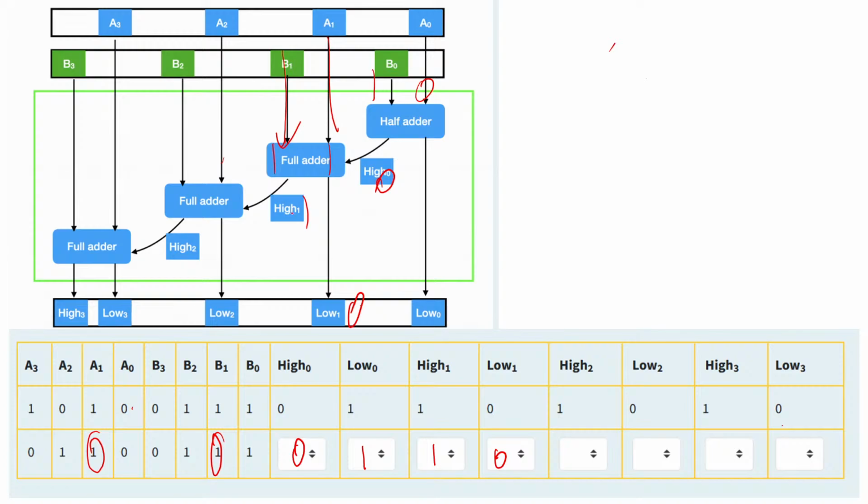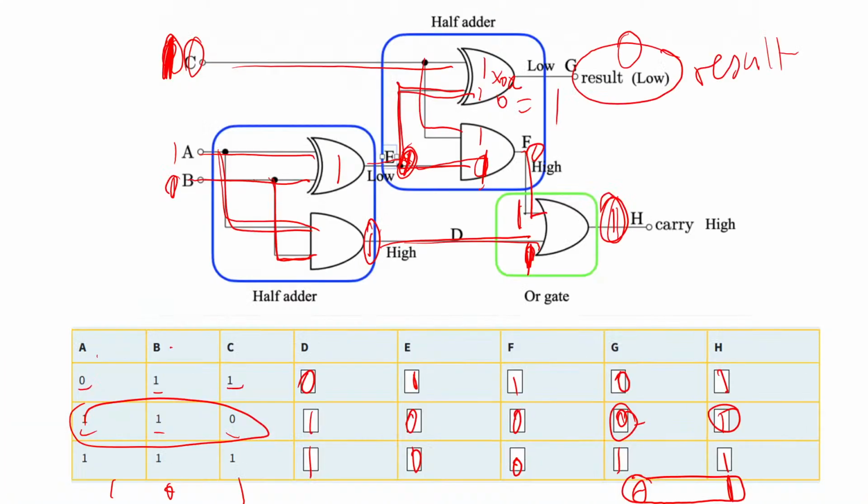Next one. So we have coming in A2 and B2, 1 and 1. So we have 1 here, 1 here, and we have 1 coming in. So it's 111. On our table, this one's 111.